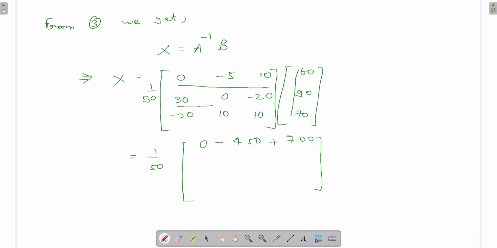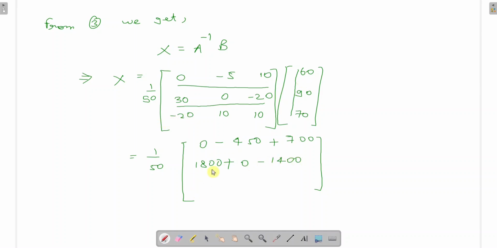Okay, then second row of first matrix multiplied by first column of the second matrix. So 30 times 60 here is not 180, it is 1800. Plus 0 times 90 is 0. Then minus 20 times 70 is minus 1400, right?